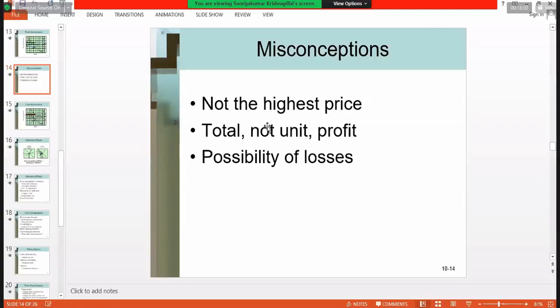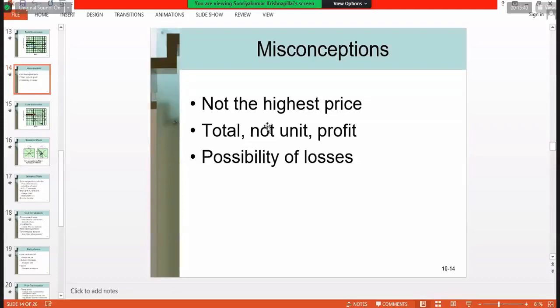If he produces and sells 6, 7 or 8 units, he will not get higher profit than when he produces 5 units. Because if he produces more units, he has to sell at a lower price, as people buy only at a lower price. The demand curve is downward sloping. So we should not think that because he is the only producer, producing and selling more units will give higher profit.